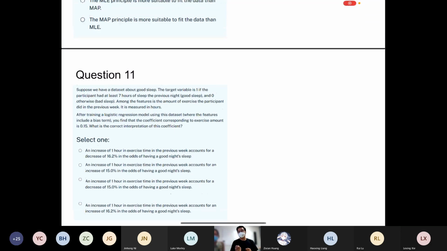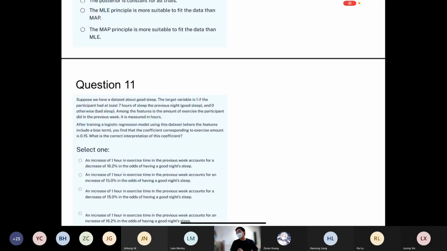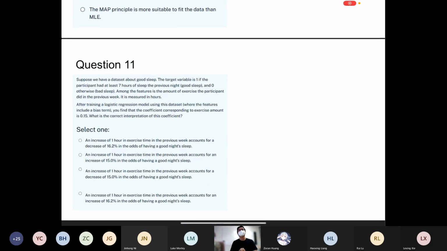Sorry, let me say that again. An increase in 1 hour of exercise would correspond to a 1.162 change in your odds. So that is a 16.2% change, a 16.2% increase in your odds. That's why it's not 15%. You have to raise e to the power of 0.15.